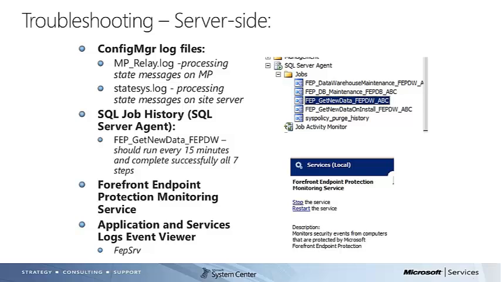Again, the Get New Data job is what pulls information out of the Config Manager site database and places that information into not only the FEP database, but also the FEP data warehouse, which is what's used to help trigger the alerts. So if that job does not complete, which includes seven different steps, if that fails, then the alerting will also not function properly.